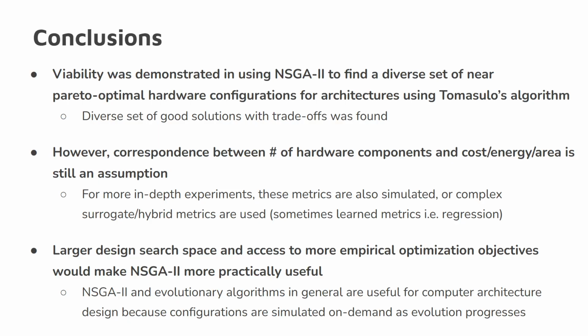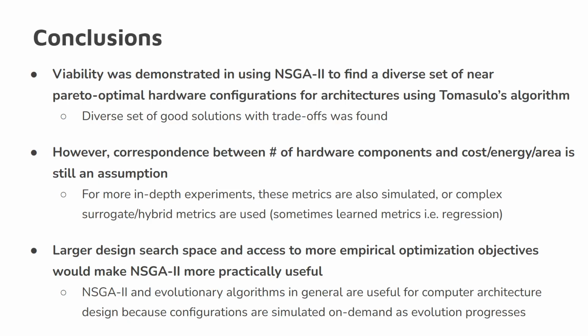However, number two, the correspondence between the number or complexity of hardware components and the cost or energy or area, other real world objectives, that correspondence is still an assumption.